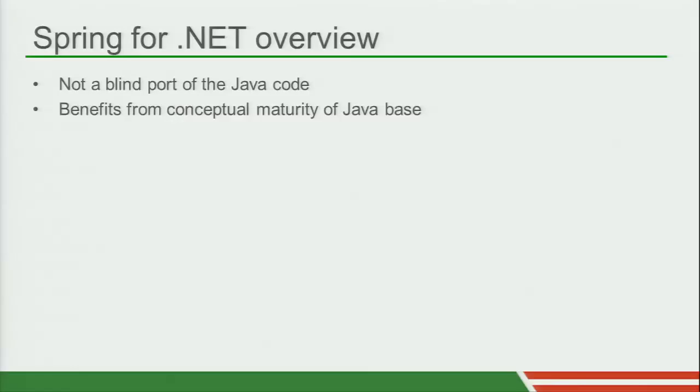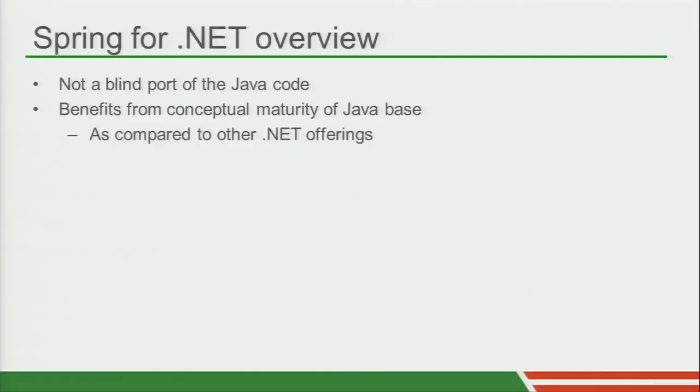However, one of the things that the Spring Framework for .NET does benefit from is this sort of conceptual maturity of the Spring Framework for Java. And by conceptual maturity, I'm not so much talking about whether or not there are bugs in the code. I'm talking about the mindset and the thought process that goes into the concepts and the organization and the architecture of the framework, and what the architecture of the framework suggests about perhaps a good suggestion of a way to actually architect your solutions using the framework.